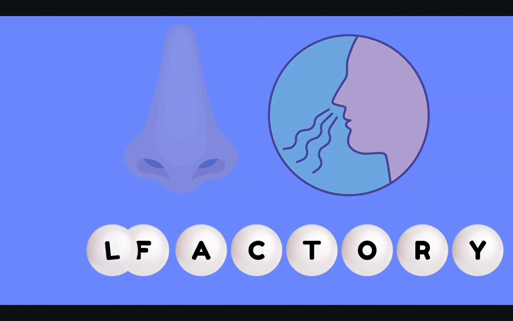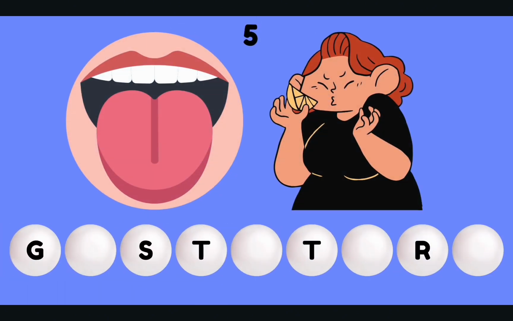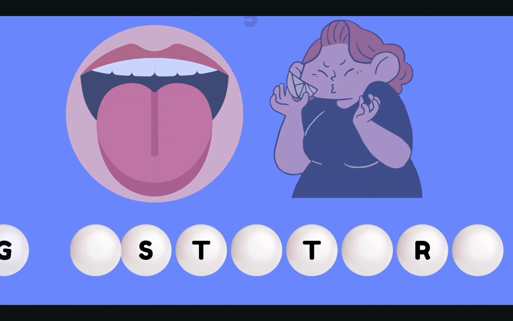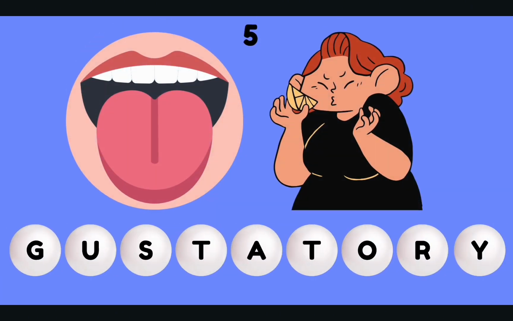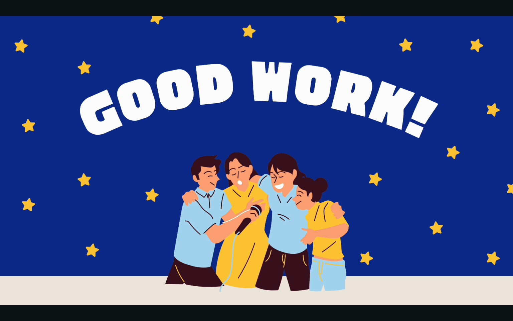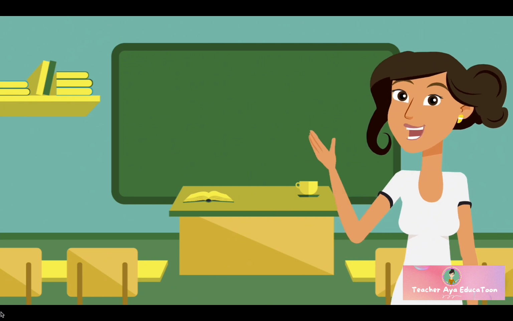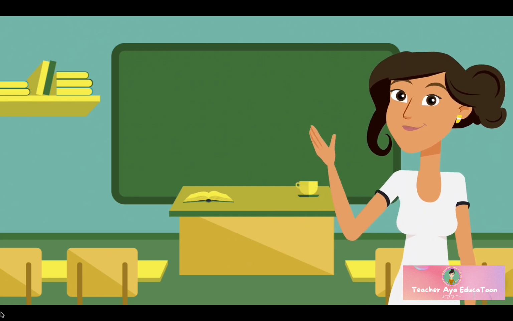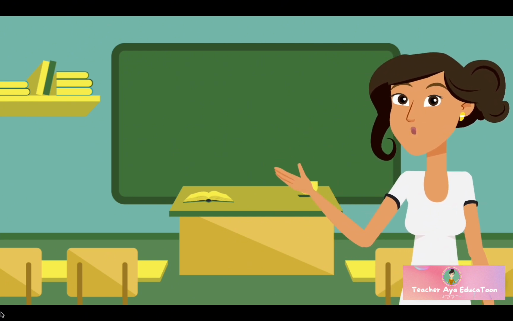And last, what sensory modality is this? Awesome! It's gustatory. It appeals to our sense of taste. Good work, kids! Did you know that we also use the sensory modality in a poem?